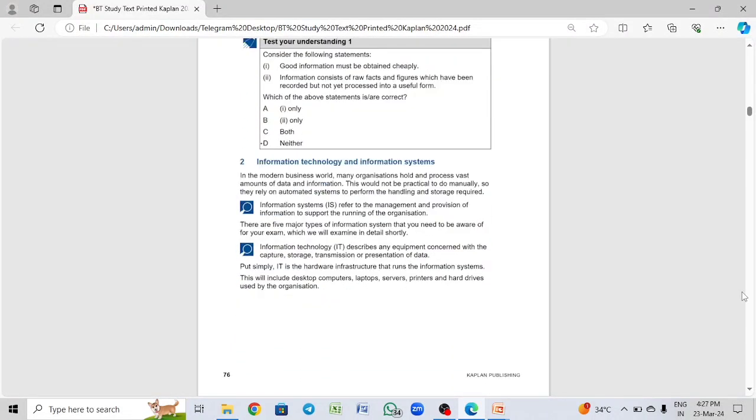Now let's quickly move on to the next topic, which is information technology and information systems. What is information technology? Information technology is how we capture, store, process and present the data. And what is an information system?